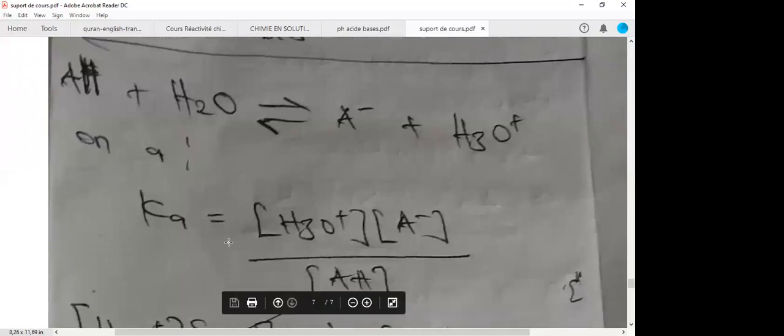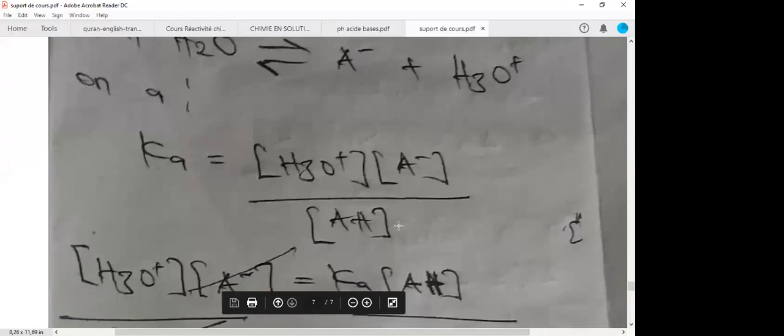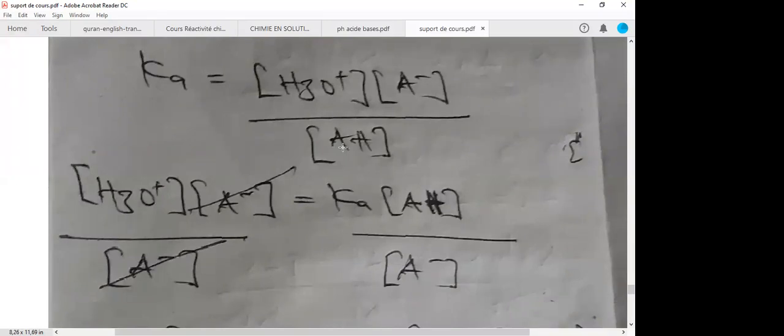So Ka is written as the concentration of H3O plus times the concentration of the base conjugate, divided by the concentration of the acid. To make H3O plus the subject, we cross multiply. We have the concentration of H3O plus times the concentration of base conjugate equals Ka times the concentration of RH.